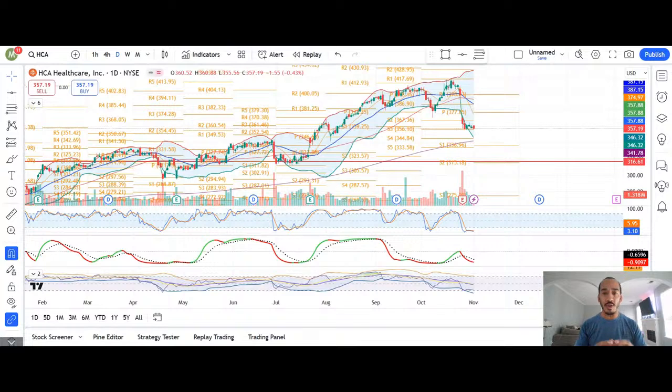So HCA resembles XLV. All you have to do is go through each sector after you go through Finviz and look that up. After you watch Swing Trade Sunday, you go into each sector and then you could pick stocks from that sector that look like a great setup.